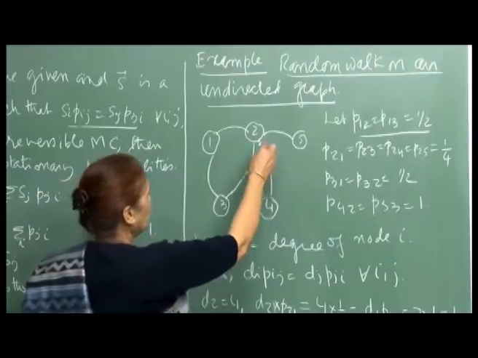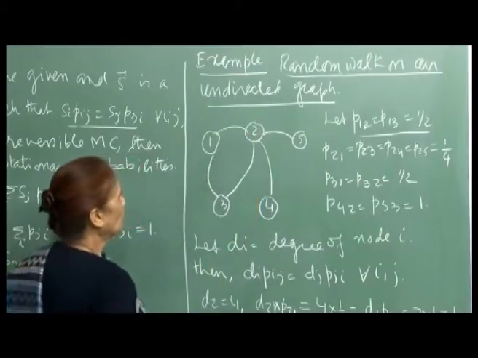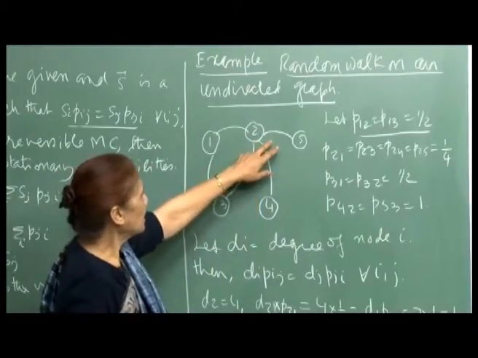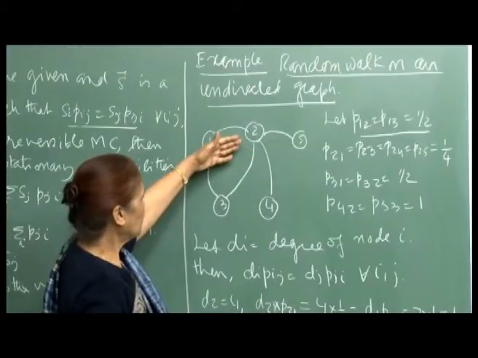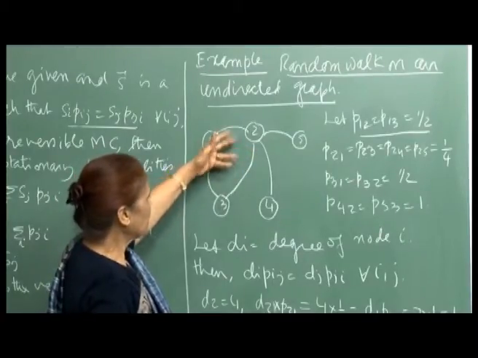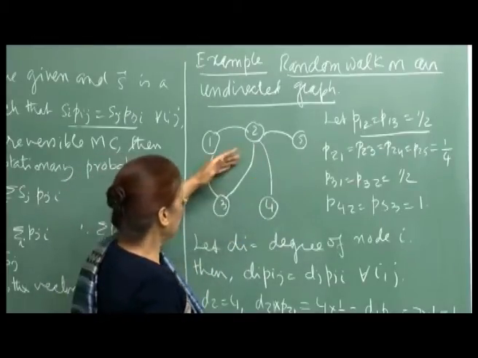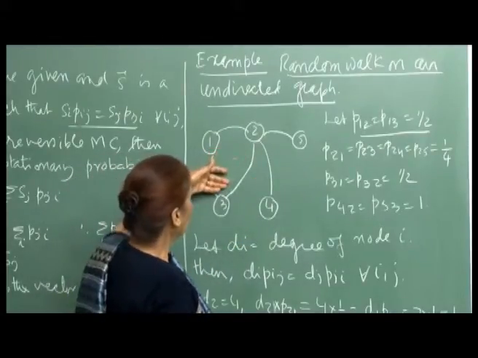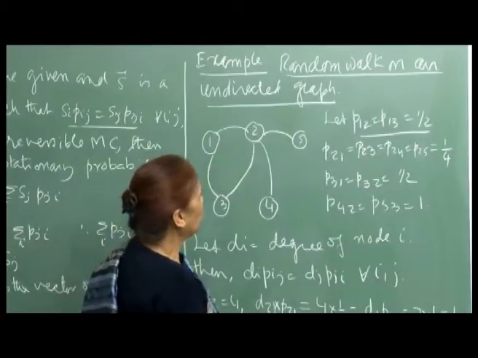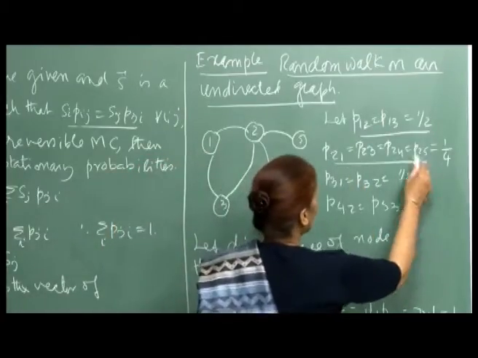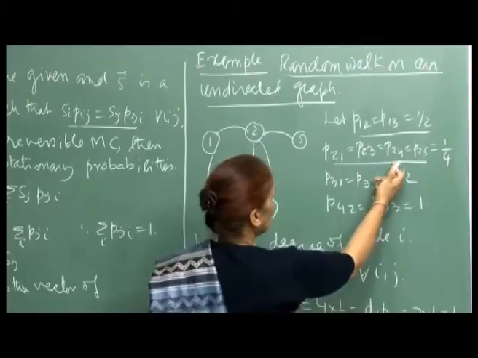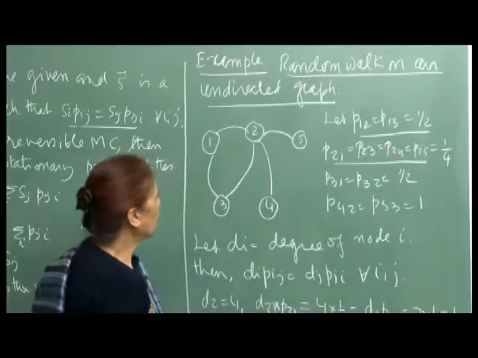If, for example, node 2 has 4 edges incident on it, then you can traverse any of the edges with equal probability. I mean, picking an edge to go along is equally likely, and therefore giving probabilities p21, p23, p24 and p25 equal to 1 by 4.